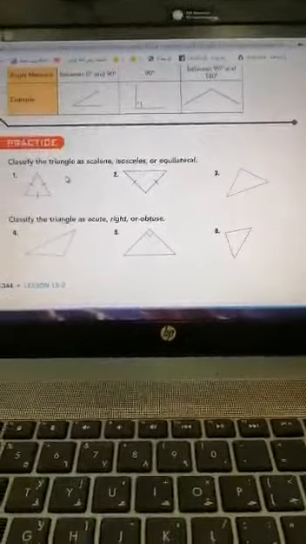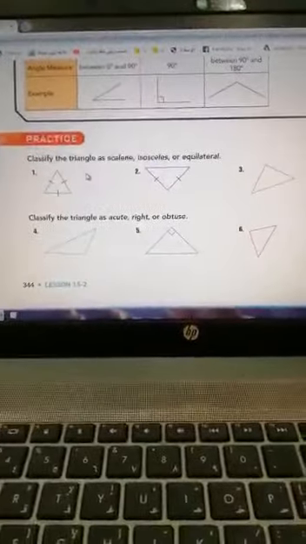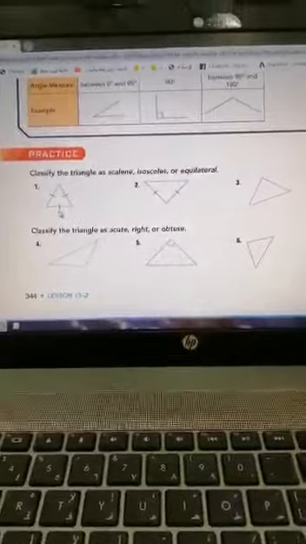Classify the triangle as scalene, isosceles, or equilateral. Now, scalene means all the sides are not equal, different lengths, okay? Isosceles, two sides the same length. Equilateral means three sides have the same length. For example, number 1, look, all the sides have the same length, then we name it equilateral triangle.